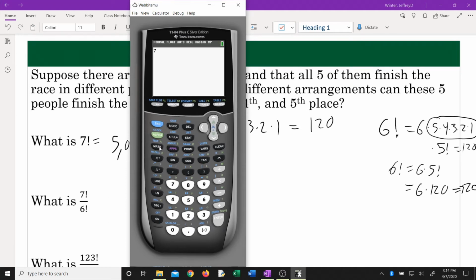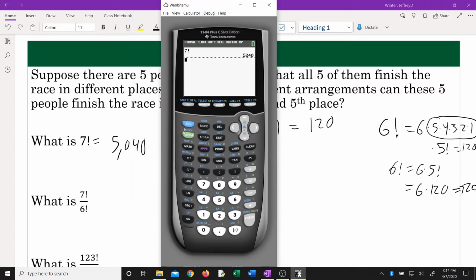Then, on a TI-83 and TI-84 calculator, I'm going to click on Math. I'm going to make sure I move my cursor over to PROB in my case. And then I select the factorial sign. So after selecting that, it should just show up as 7 factorial. I hit enter, and it gives me 5,040.